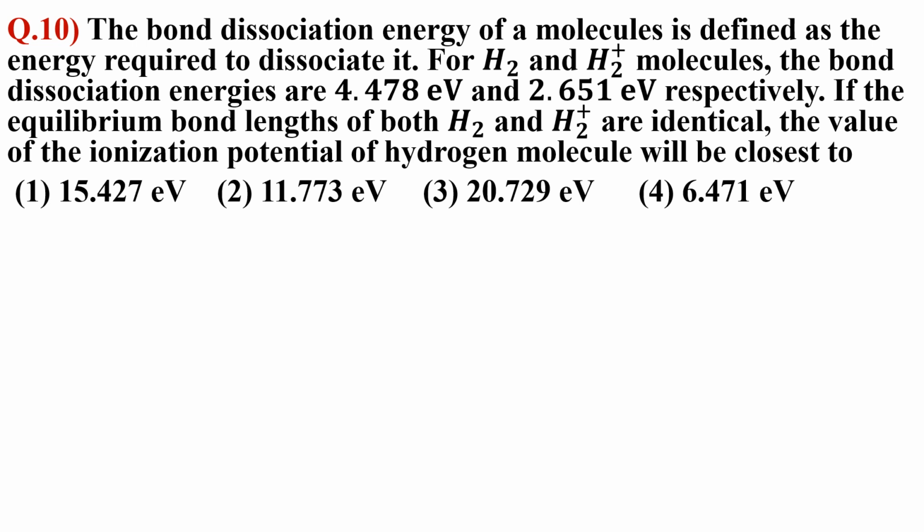If the equilibrium bond lengths of both H2 and H2+ are identical, the value of the ionization potential of the hydrogen molecule will be closest to: option 1, 15.421 electron volt; option 2, 11.773 electron volt; option 3, 20.729 electron volt; option 4, 6.471 electron volt.